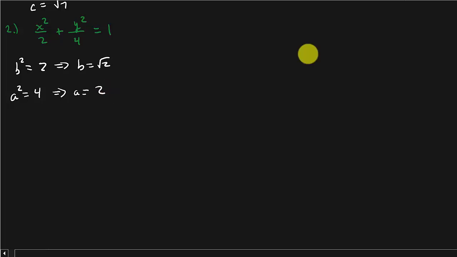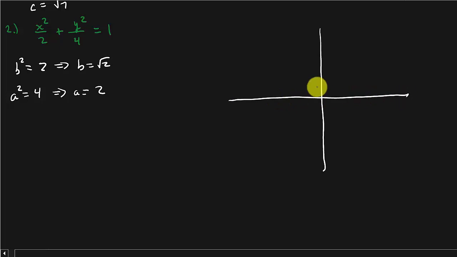All right. So, you know, just come over here. All right, so let's see. A is 2. That's underneath the y term. So that tells me I know I'm going to go up 2, I'm going to go down 2.